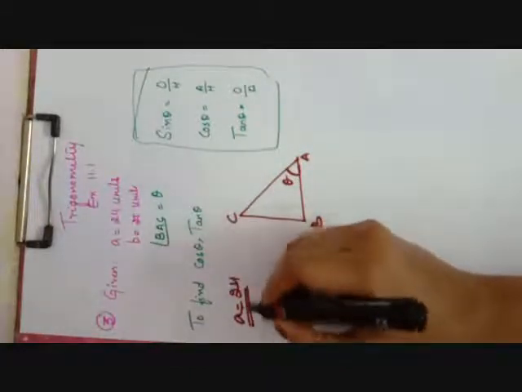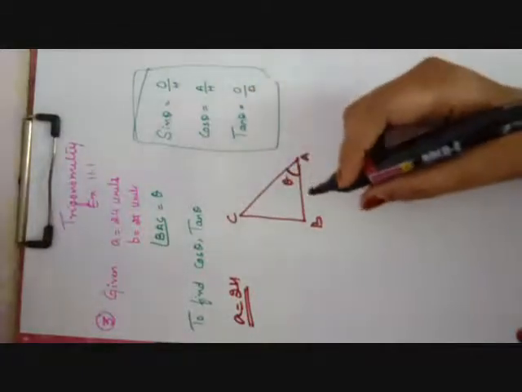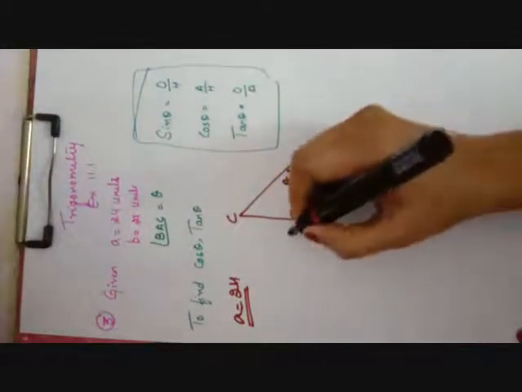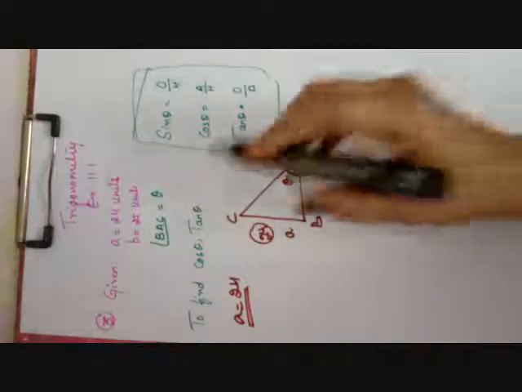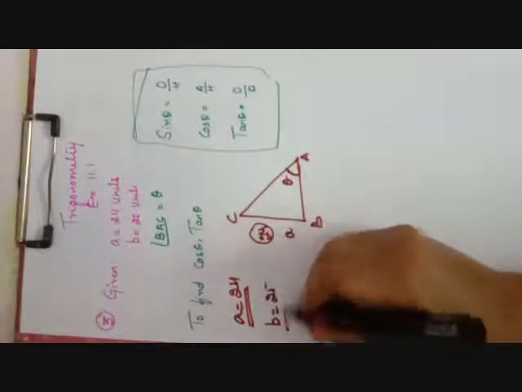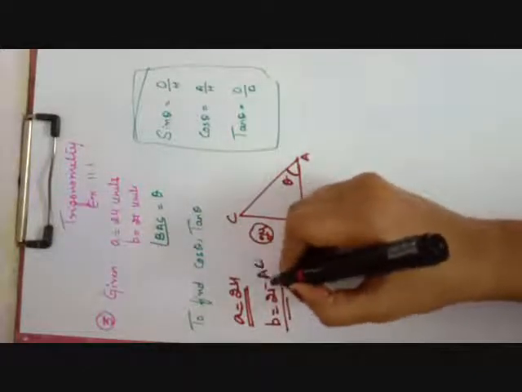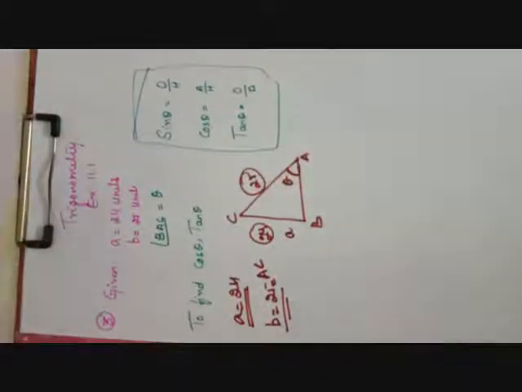Small a means the side BC, and the value is 24. Small b is 25, which means AC is 25. Let's recollect.